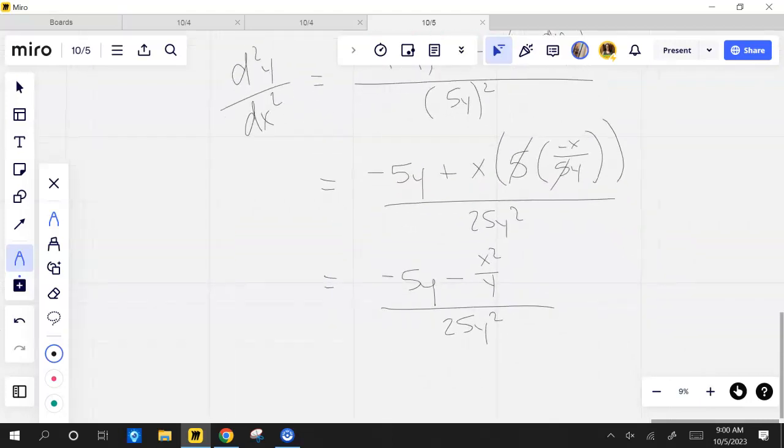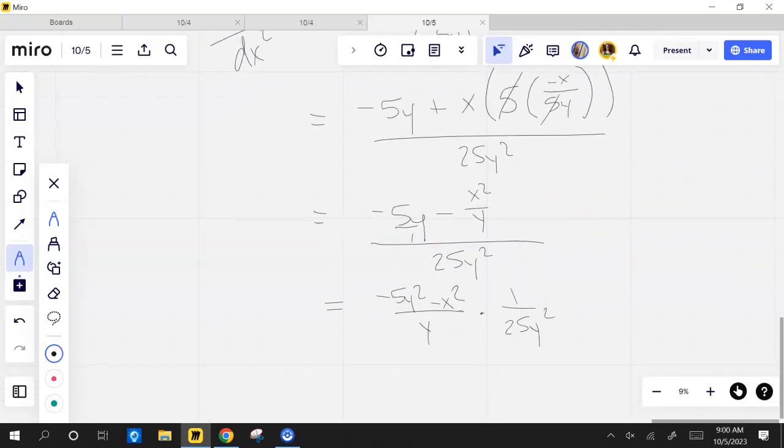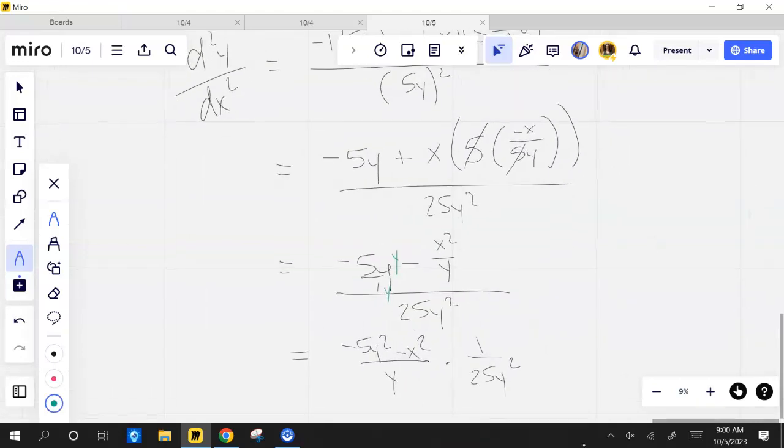I'm not done yet. I got to find a common denominator up top to combine those. Negative 5y squared minus x squared over y. And I'm going to go ahead and multiply by the reciprocal of the bottom. I multiplied the top and the bottom by y. That was the bottom squared, yeah.